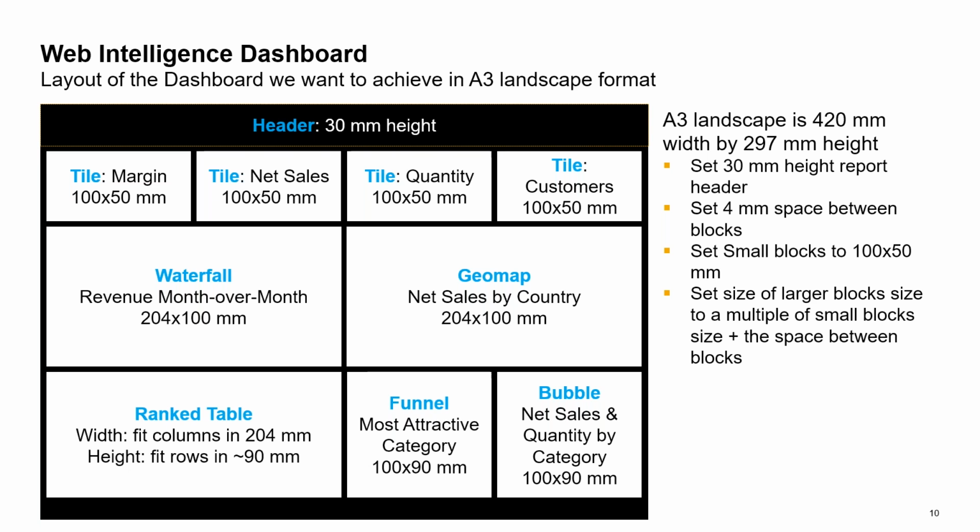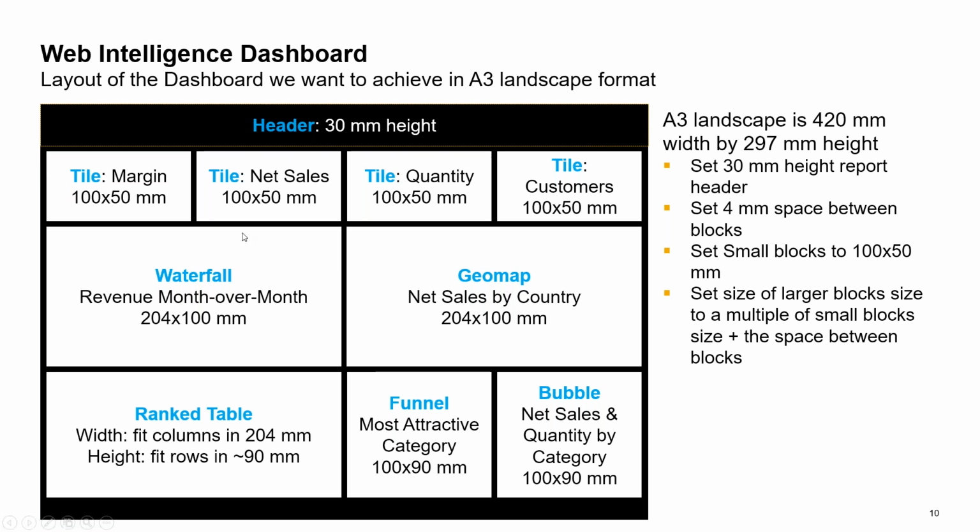I decided about the space I would have between each block, which is 4 millimeters. The size of the header, I won't have any footer, I don't need it. And so I've decided about the size of the smaller blocks, which will be 100 by 50 millimeters, and the bigger blocks will be simply a multiple of the smaller blocks with respect to the small 4 millimeter space between each of the blocks.